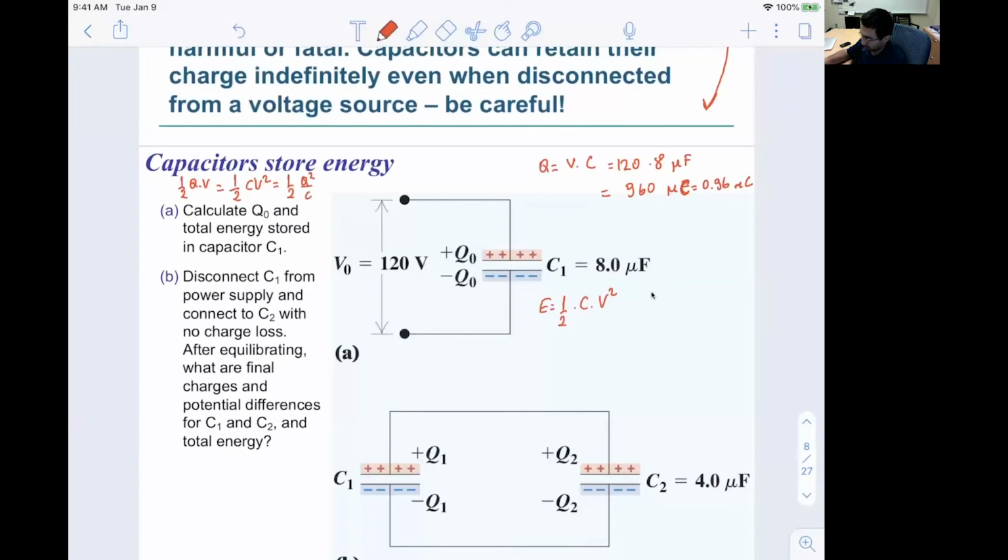Here I have V and C, so I can directly put 1/2 times 8 microfarad times 120 square.